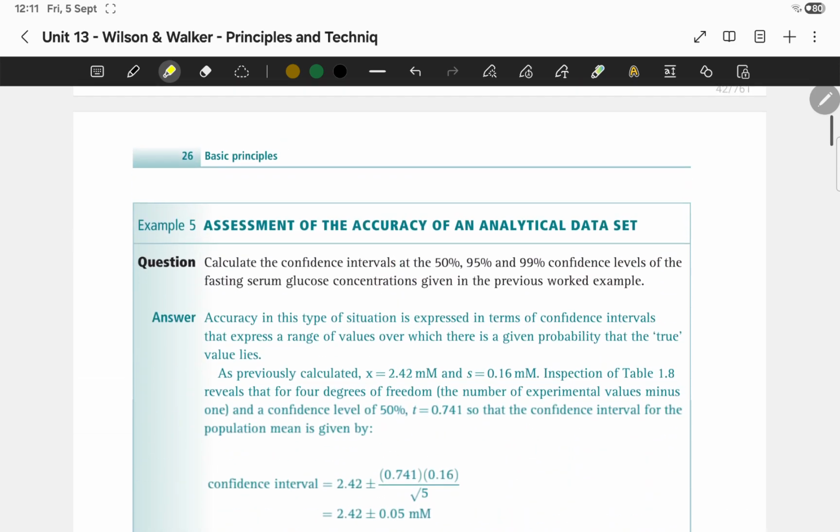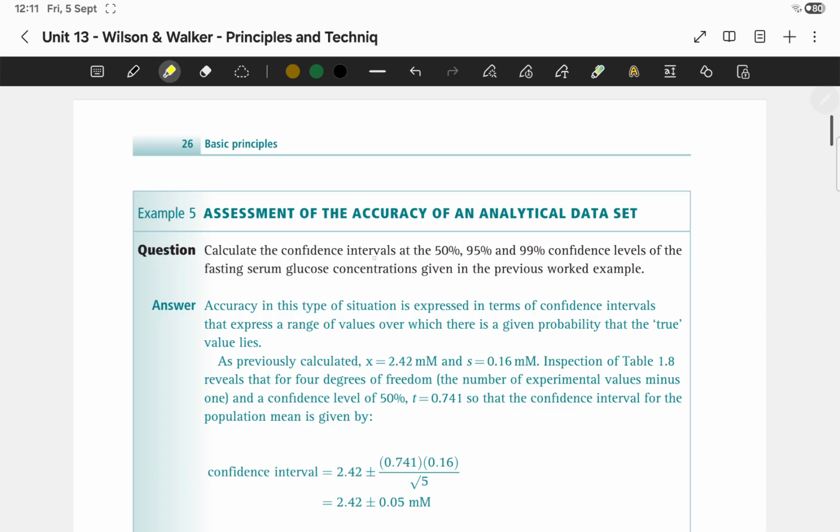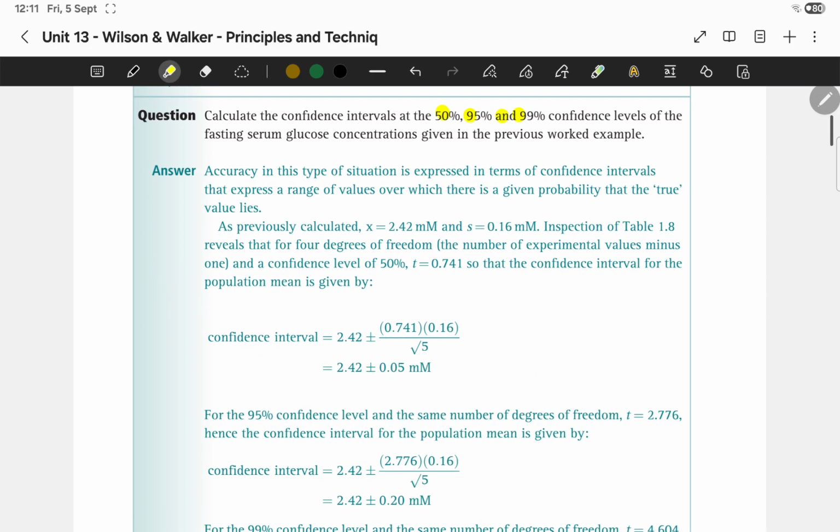So let's check out this question. Calculate the confidence interval at 50%, 95% and 99% confidence levels of the fasting serum group. The previously calculated x̄ is equal to this, s is equal to this. At 50%, the t value is this.